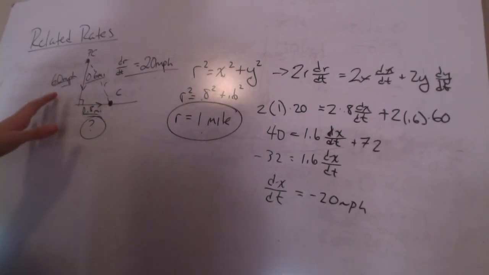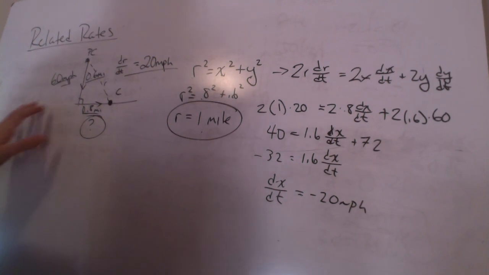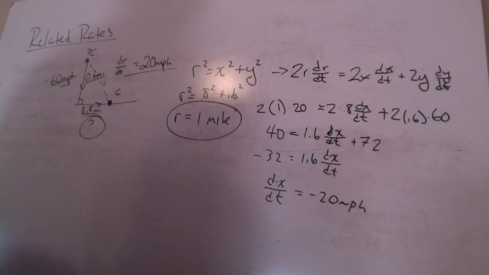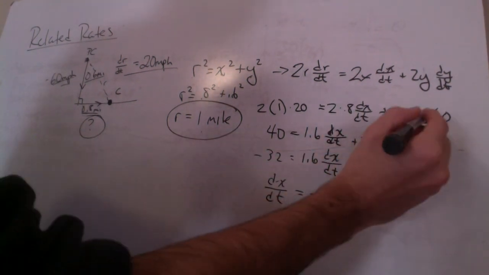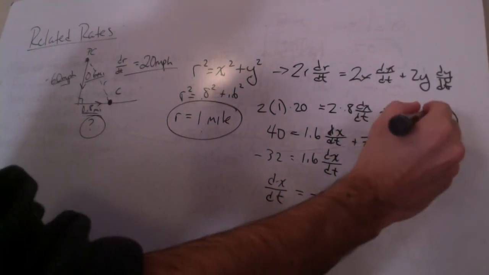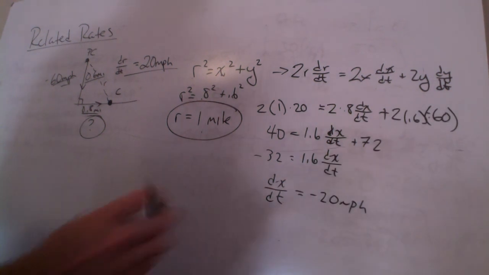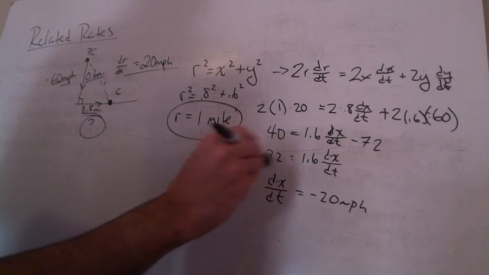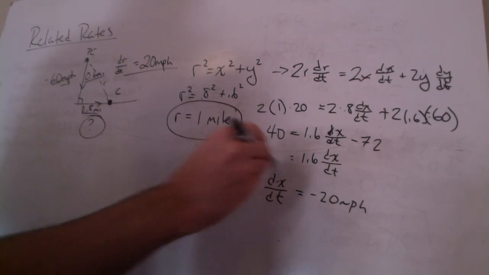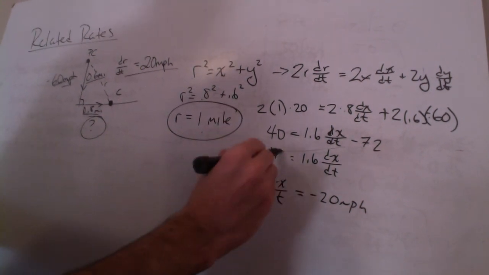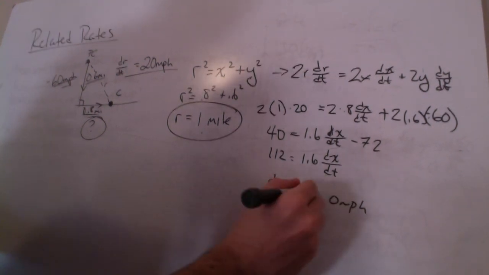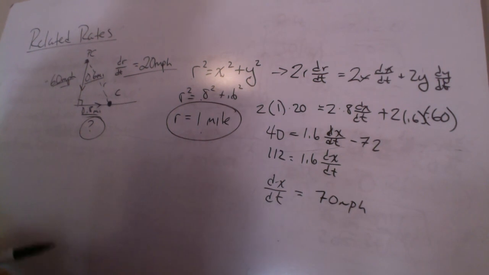My dy dt shouldn't be 60 miles per hour. It should actually be negative 60 miles per hour. Okay? So here where I had 60, I really should have negative 60, making this negative 72, which makes this positive 112, making our final answer 70 miles per hour.